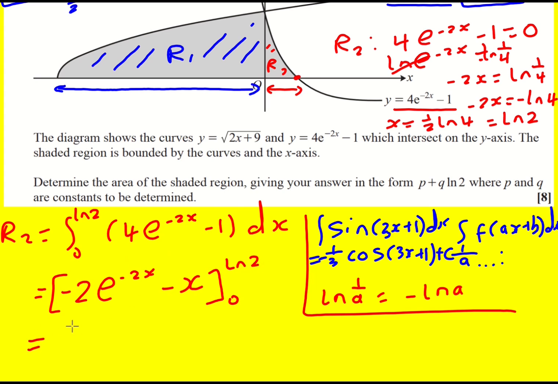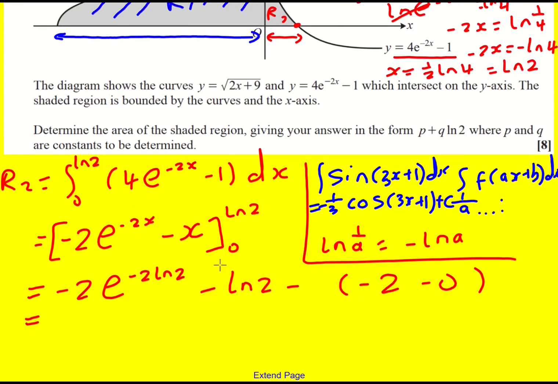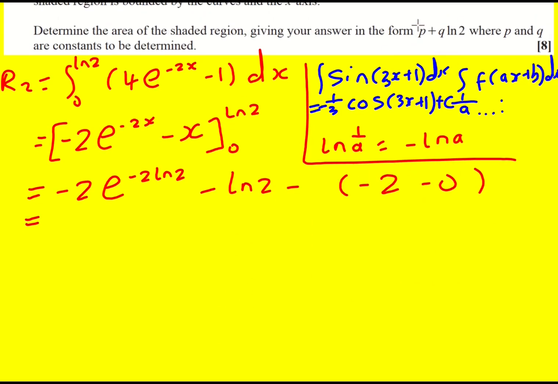Right, let's carefully put these limits in. So it's going to be minus 2 e to the minus 2 ln 2, minus ln 2, minus, minus 2 e to the 0, which is just 1, and then minus 0. Remember, we've got a 9 up here that we need to add on at the end. And we've also been asked to leave it in this form.